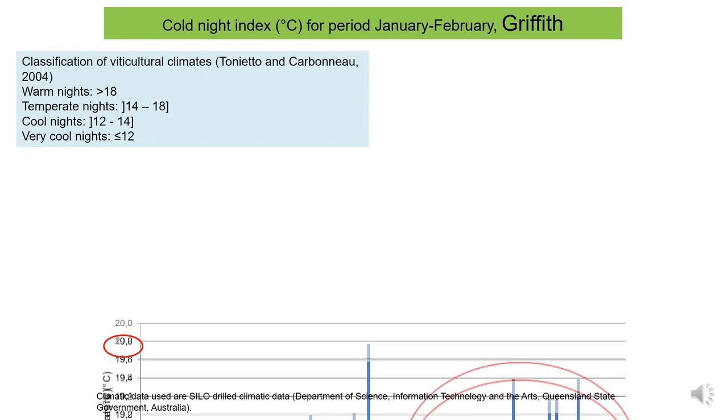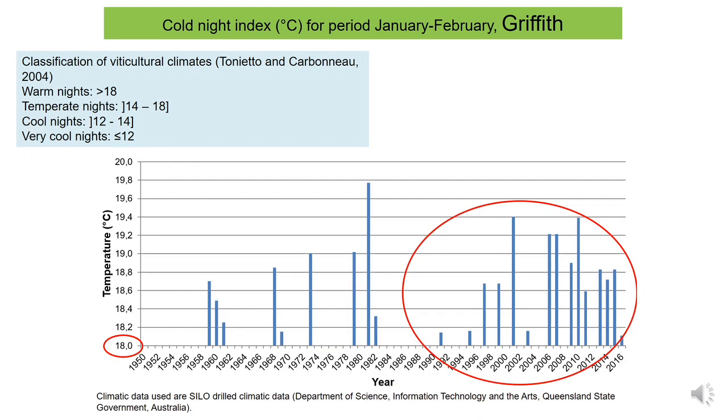Another important climatic index is the cool night index, or the fresh night index, which allows the classification of regions from warm nights to very cool nights. The figure is showing that for the Griffith region in Australia, in New South Wales, the daily temperatures are increasing, but the night temperatures are increasing as well.